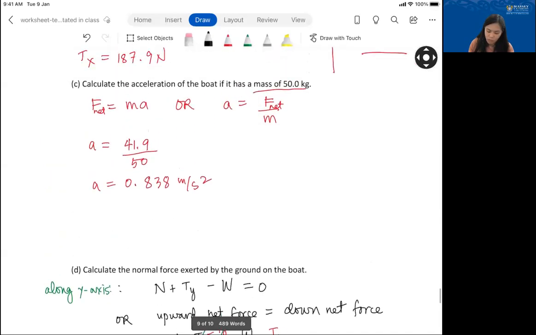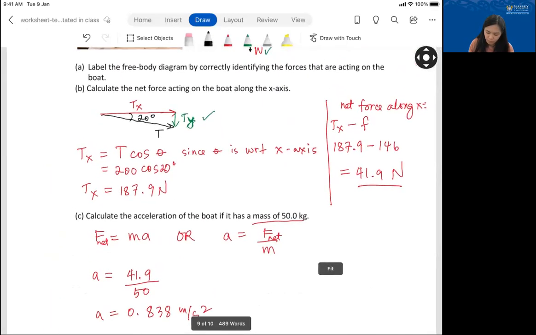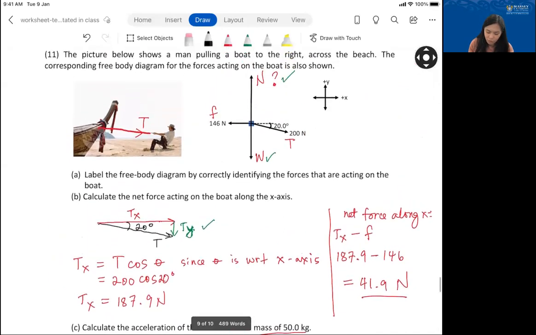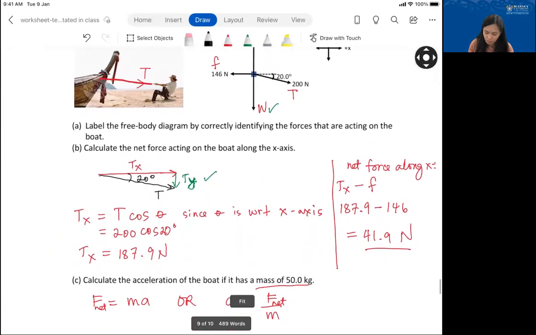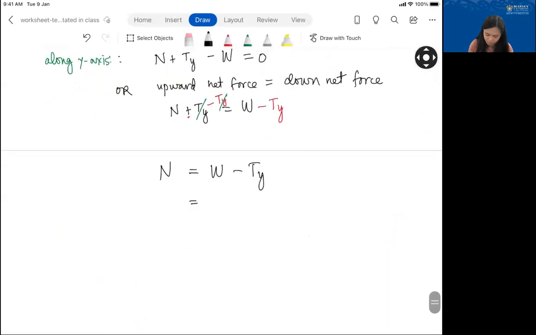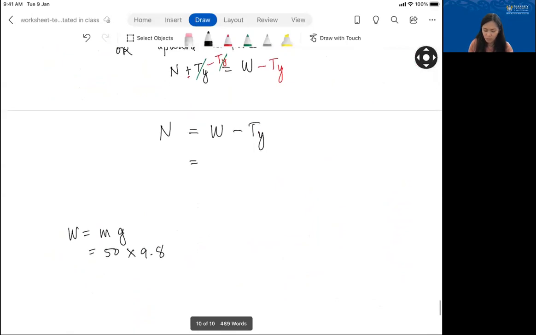The mass of the boat is given to be 50 kilograms. So we can calculate the weight force. Weight force is mass times g. Weight is 50 kilograms times 9.8.